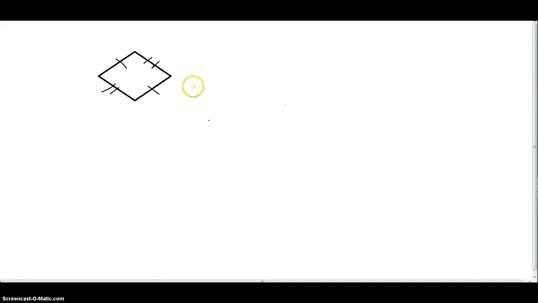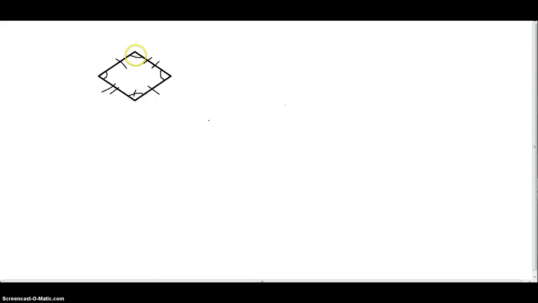But that's where it starts to differ from the examples that we had before. You'll notice that here and here, these 2 angles are definitely greater than 90 degrees, and these 2 angles here and here are smaller than 90 degrees.